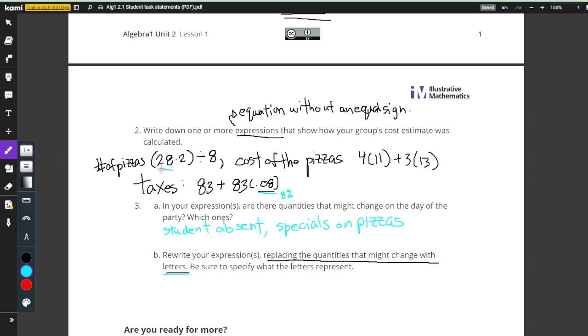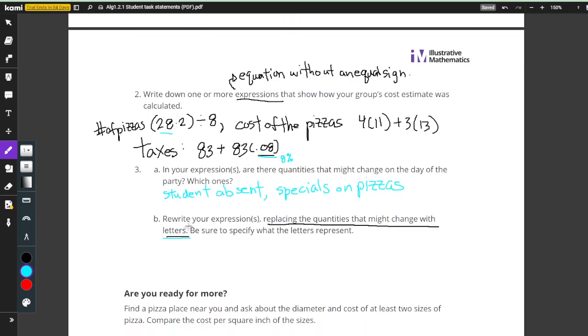Instead of 28 times 2 divided by 8, we can change 28 to n. So n equals the number of students, which means that our expression becomes n times 2 divided by 8. That is one expression.